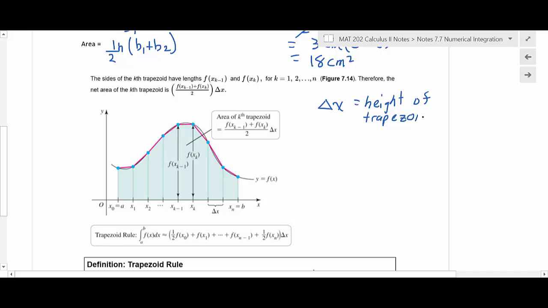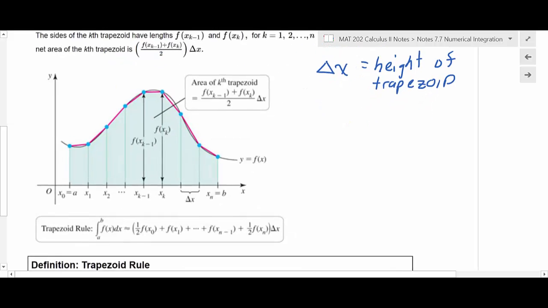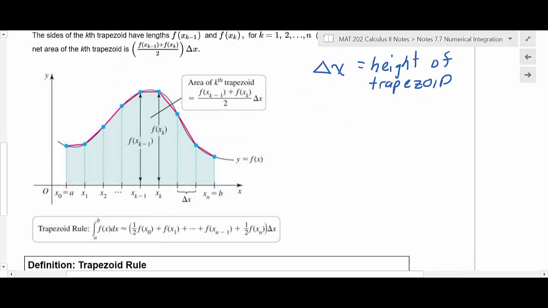I took this diagram out of the book, it's a pretty good diagram. If you look at this right here, this is a trapezoid. Delta x is the height, the distance between the bases. Now the bases are just function values, whatever f of that number is would be that height right there. So what you're doing is this formula, half of the height times the sum of the two bases, over and over again.